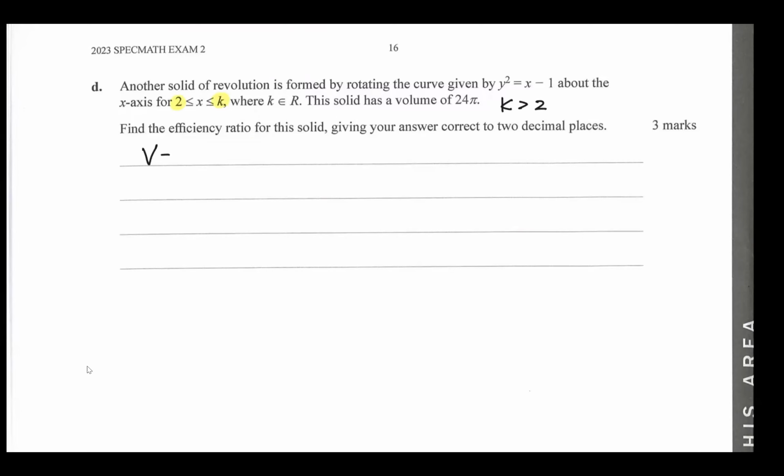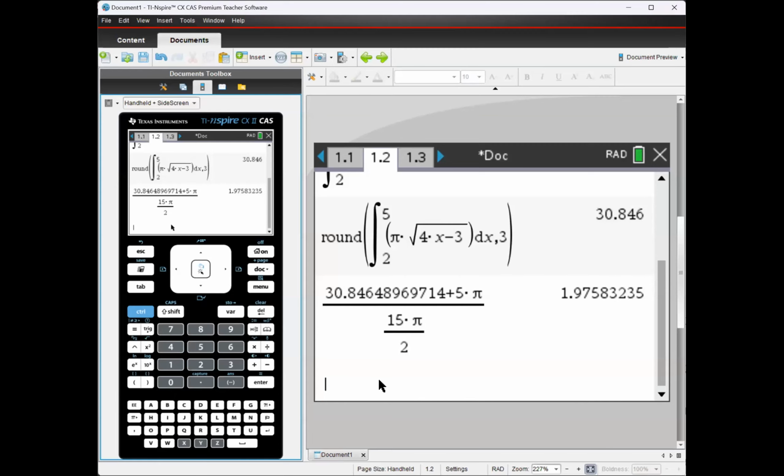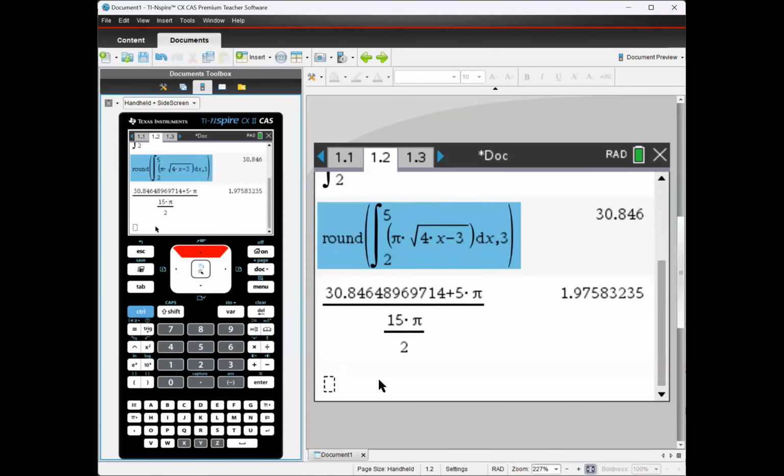So firstly, V equals 24 pi equals pi integral 2 to k x minus 1. Don't square it again. And we want to find this k. Let's see how we go. All right.